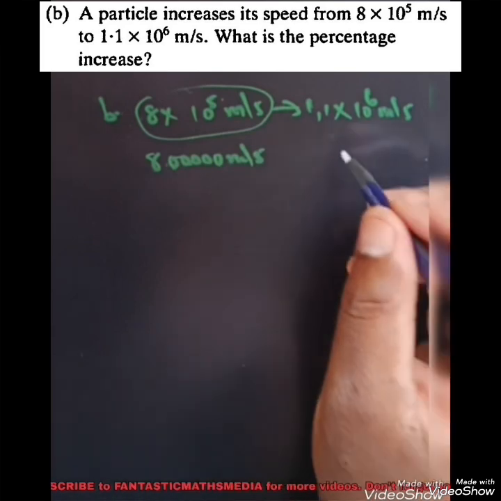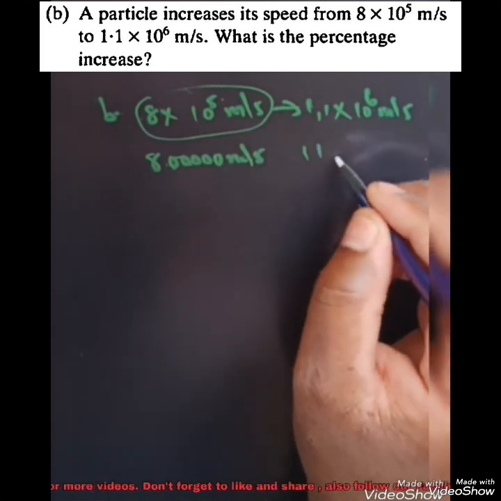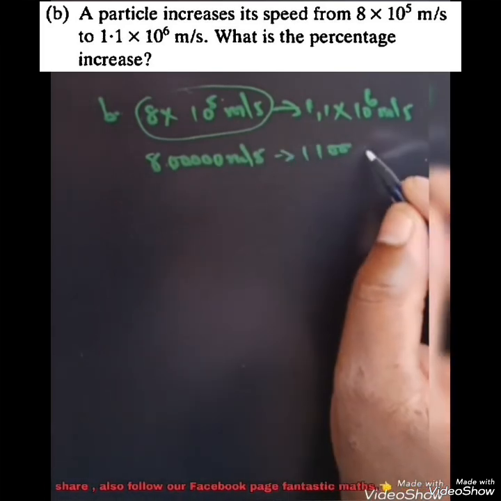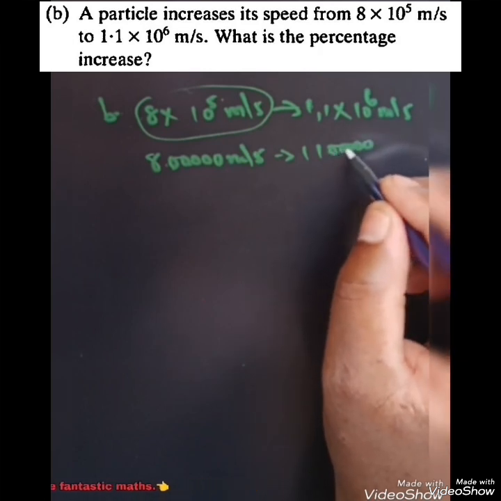Meters per second. Then this one is 11 with 5 zeros again.